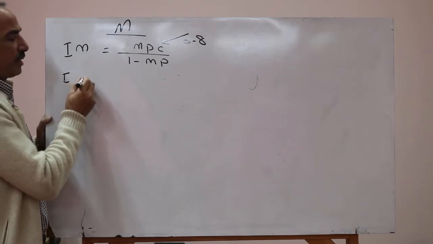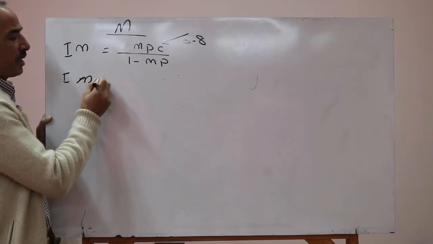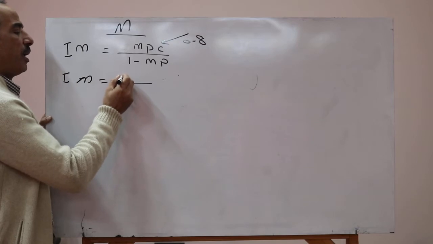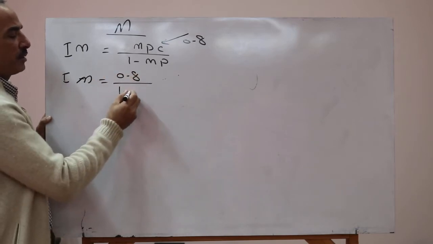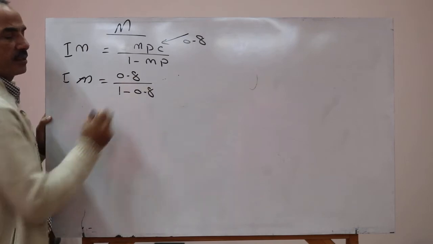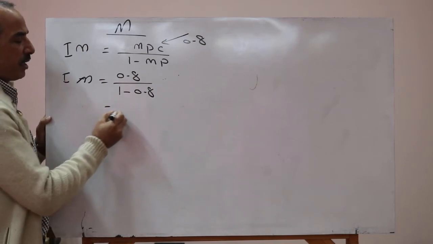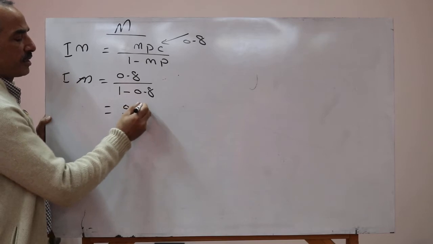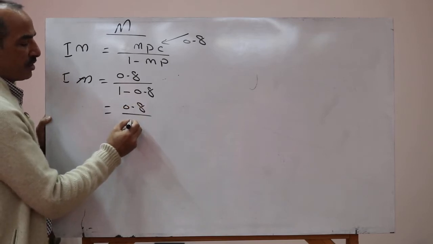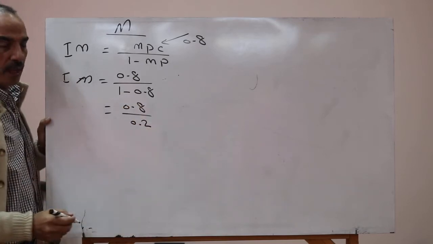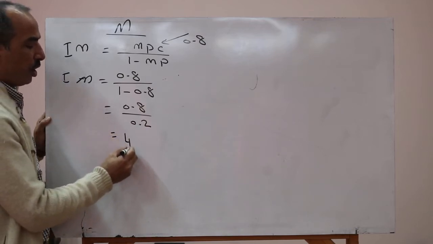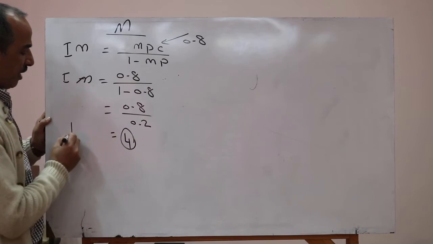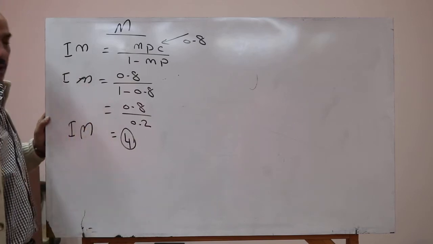Investment multiplier equals 1 out of 1 minus 0.8, which is 1 out of 0.2, which equals 5.